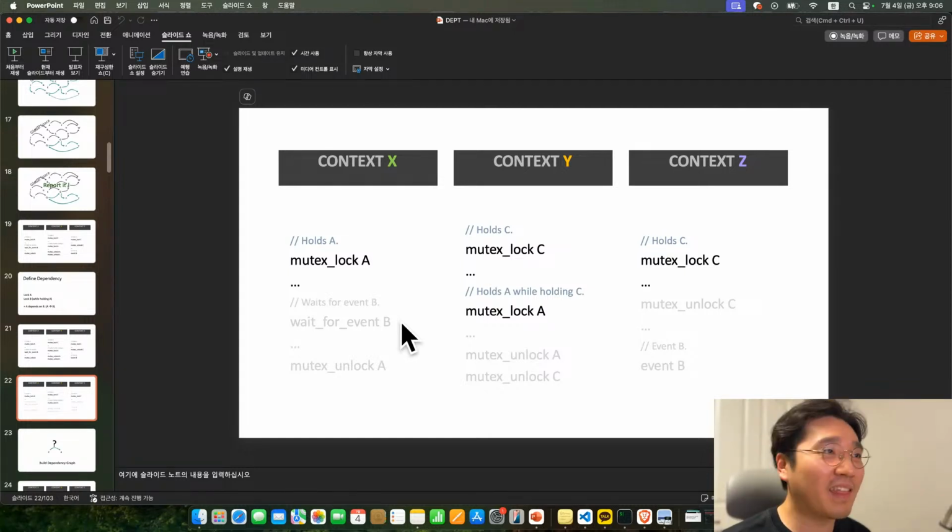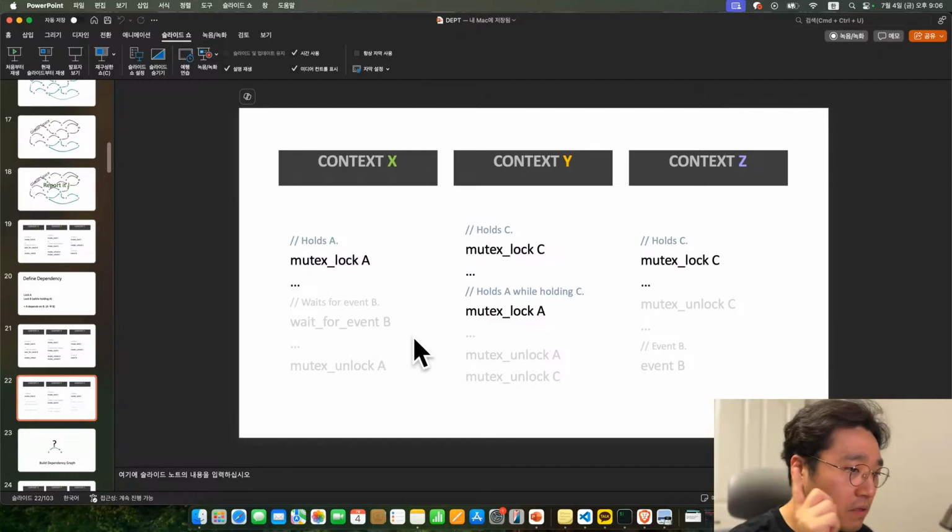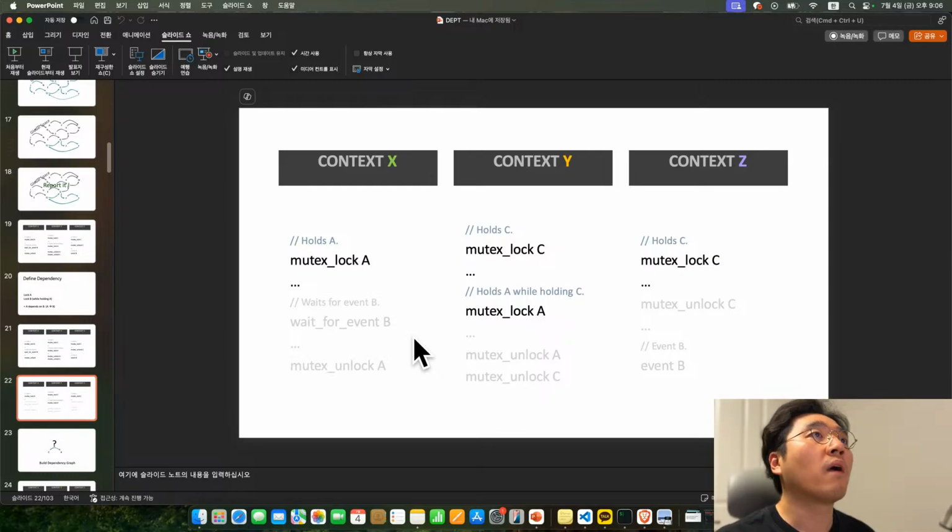Great suggestion, thank you. So this is the deadlock situation. But this is the important point for Lockdep. Lockdep will not report this situation as deadlock.